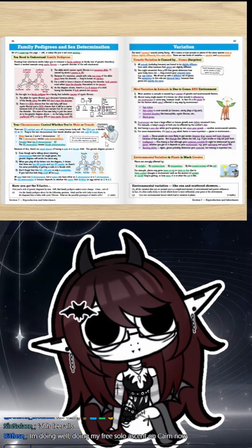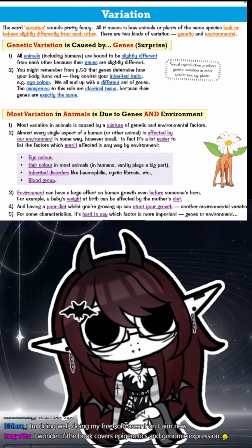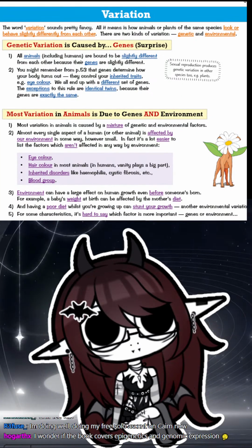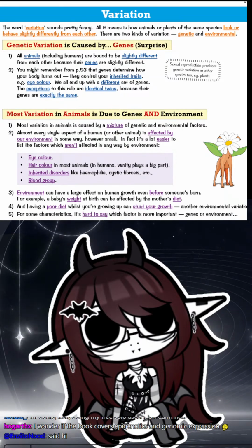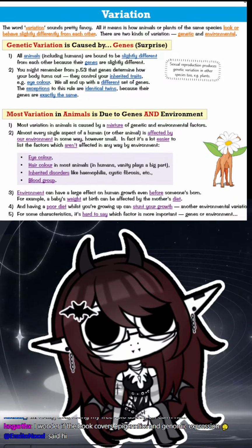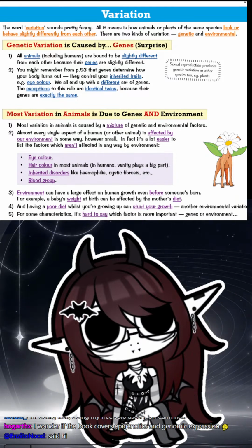Now, let's go back to variation. Hogok says, I wonder if the book covers epigenetics and genome expression. Genomic expression. Probably not. This is very simple. Hi, Ansito. How are you doing today? Hogothox, this is like for 14, 15-year-olds, I think?